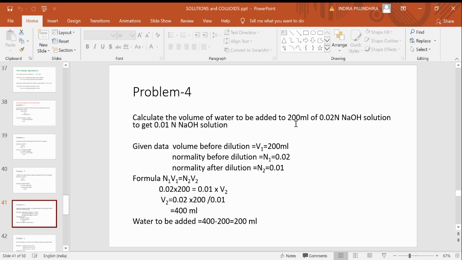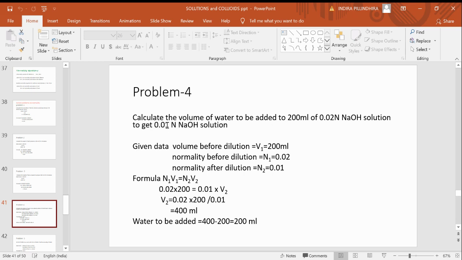So here we should write the data very carefully. Here there are two volumes. One is 200. There are two normalities, two concentrations.